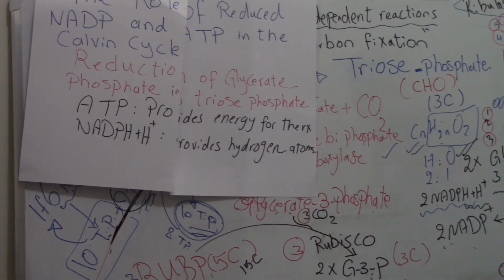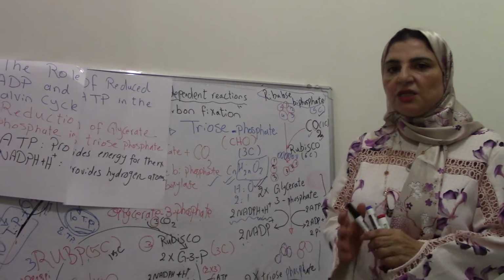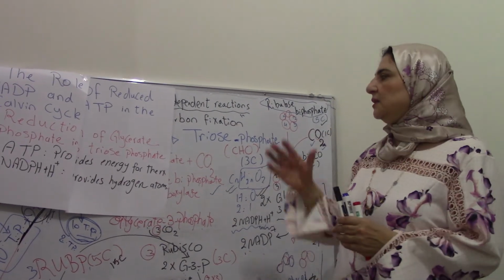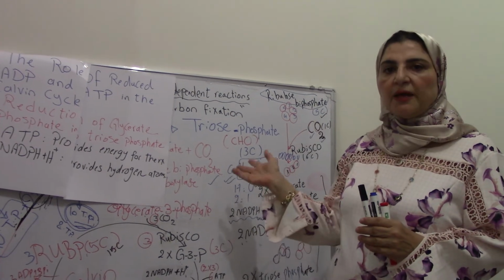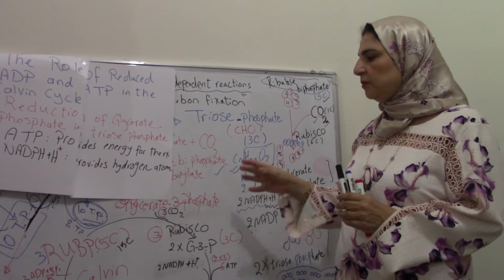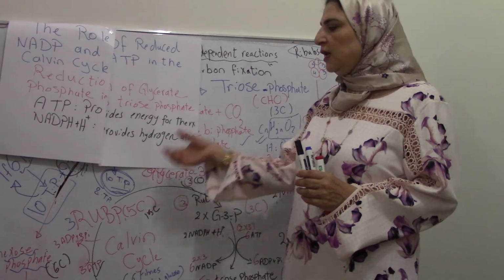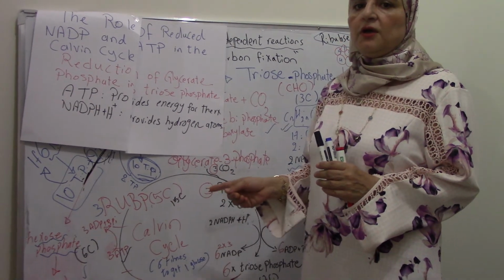Okay, now we have summarized the light-independent reaction that doesn't need light. It is enzyme dependent, so it depends on the temperature and the availability of ribulose bisphosphate. As long as ribulose bisphosphate is available, the cycle can continue.